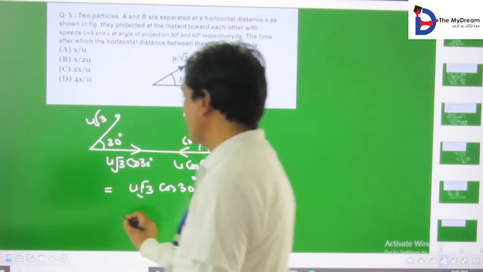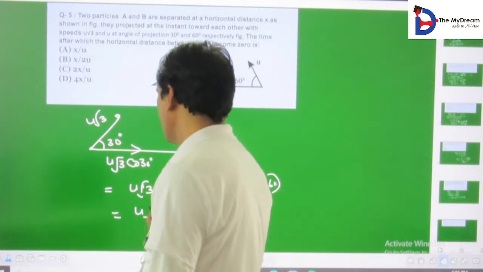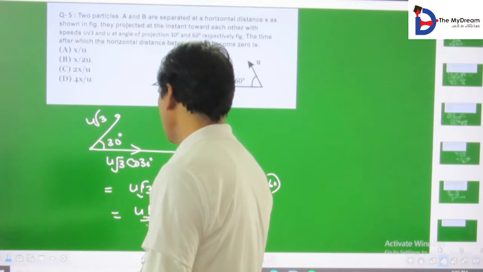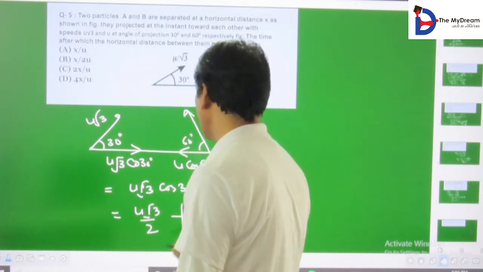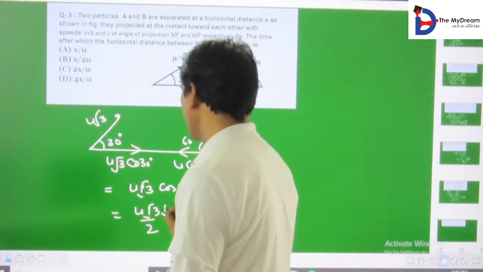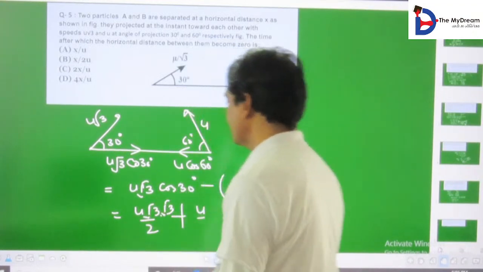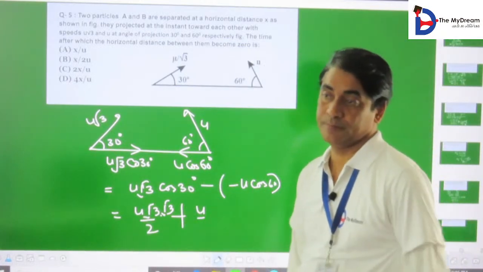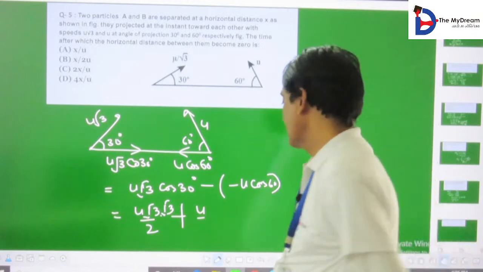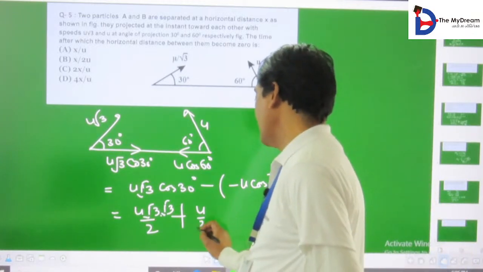So it will become u√3 by 2, minus plus u by 2. The value of cos 30 is √3 by 2, and cos 60 is 1 by 2.